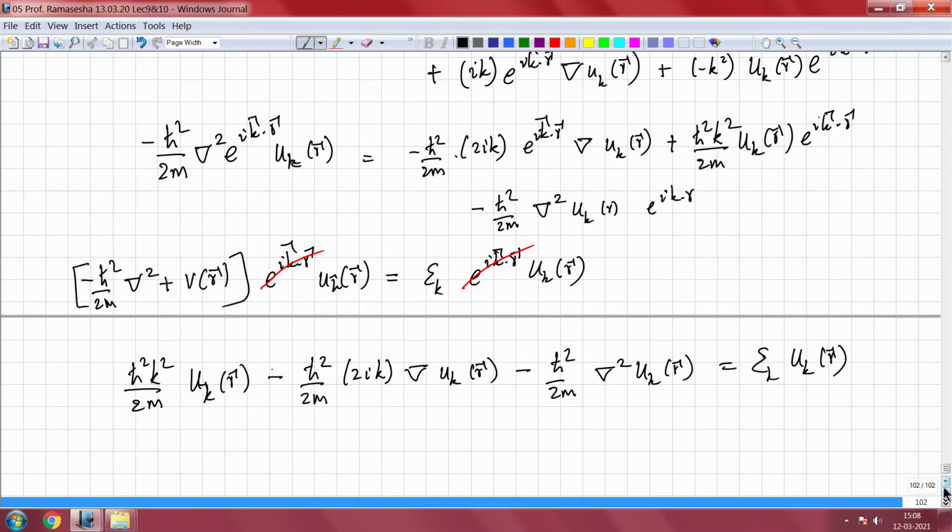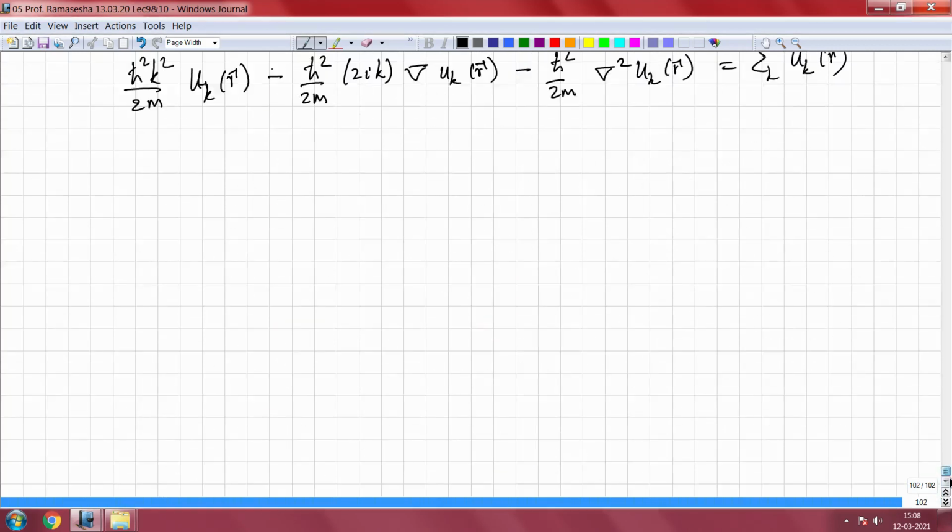Now, I will use the fact that minus i h cross del is equal to p, the operator for the linear momentum.